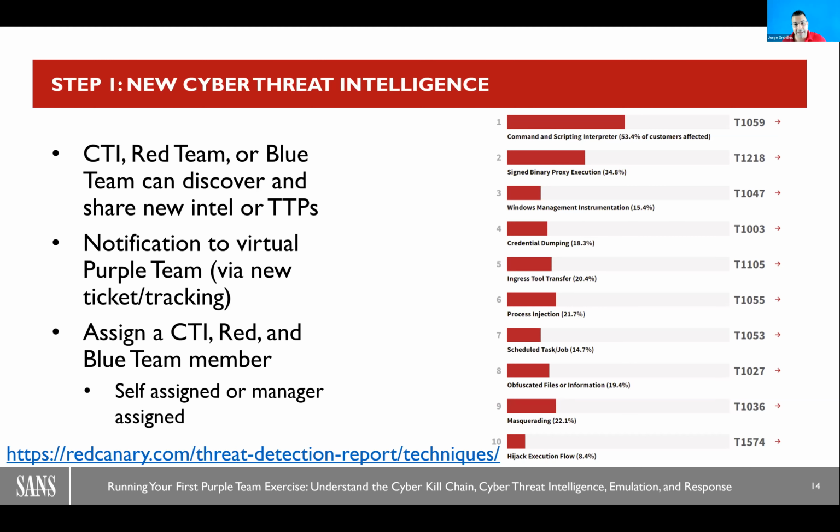And then you assign team members, right? You have dedicated teams in CTI and red and blue, assign them. We allow for self-assigning because maybe someone sees something that interests them and they want to take it. Or if it's something that requires quicker attention, maybe the manager will point that out.